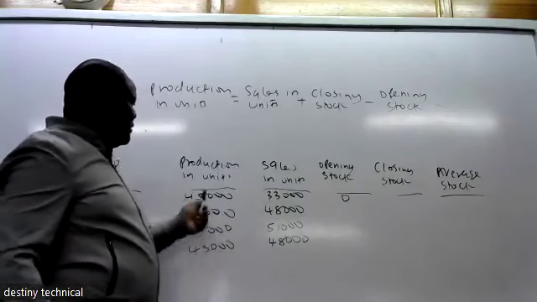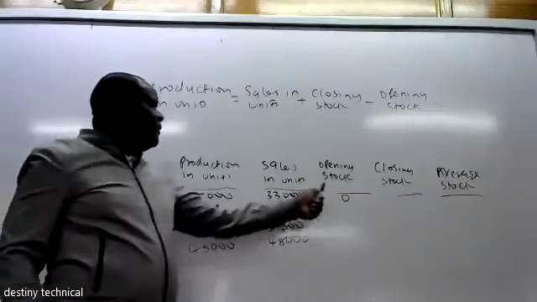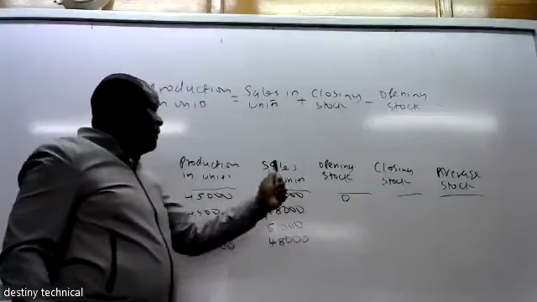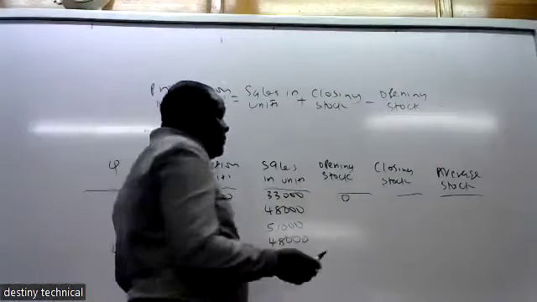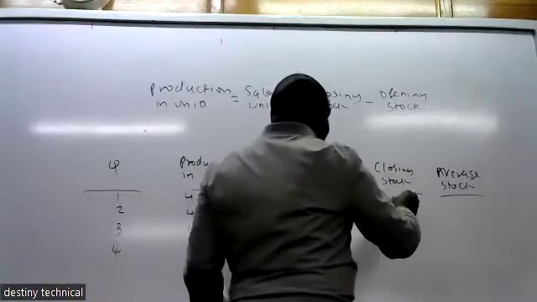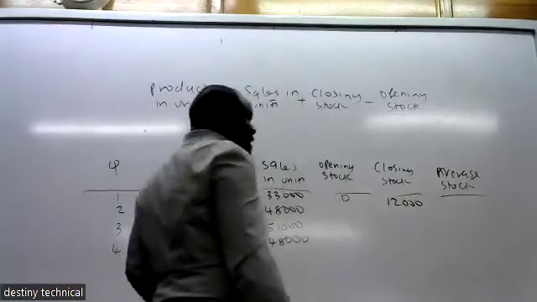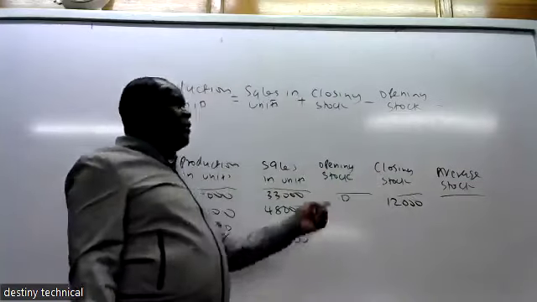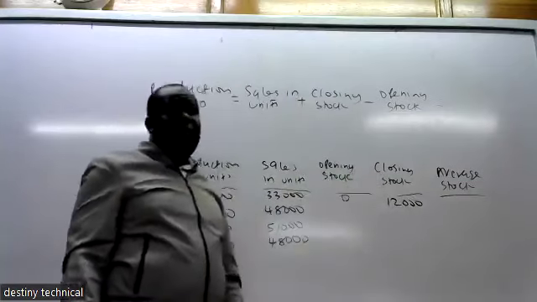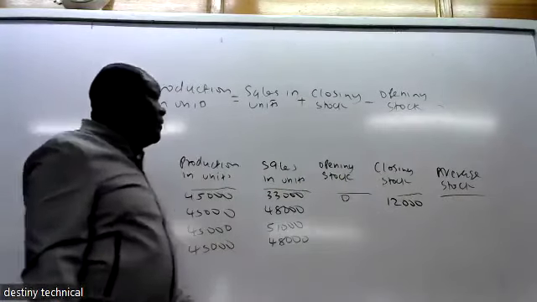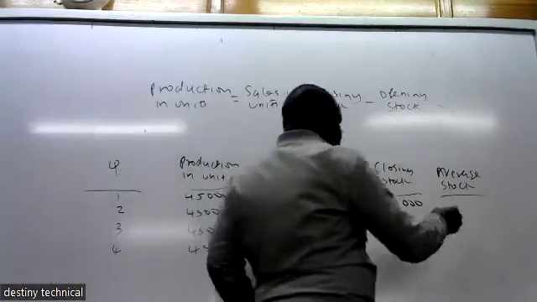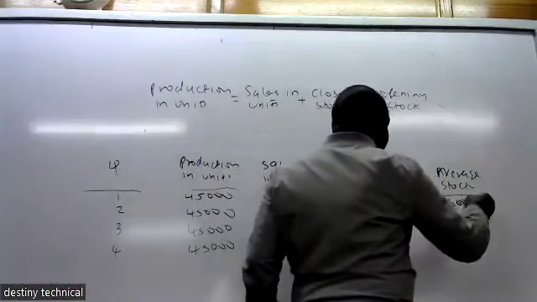So you take this plus 0 minus that 33,000. For the average, we normally take opening plus closing divided by 2.